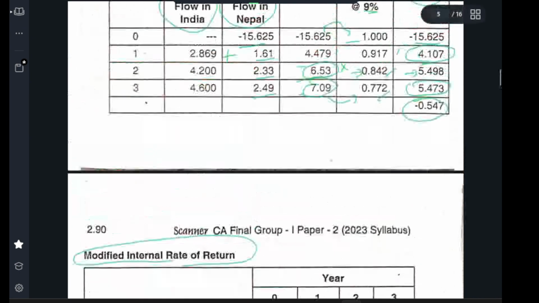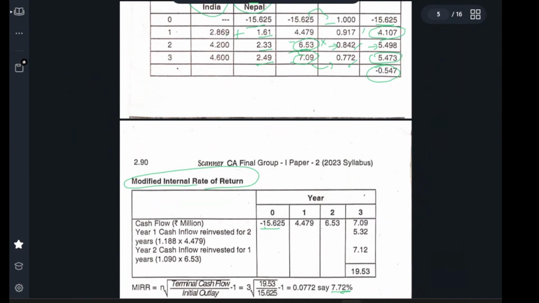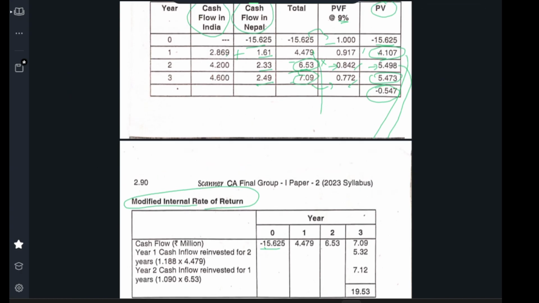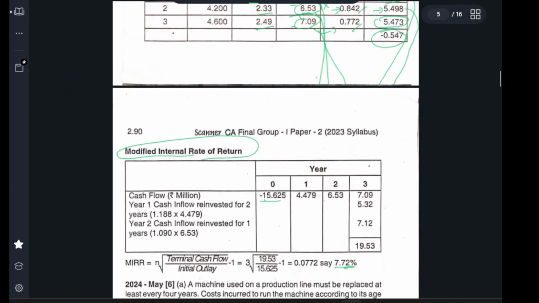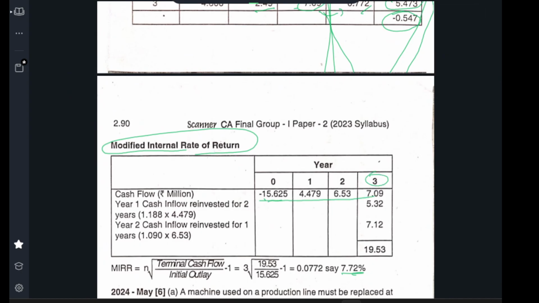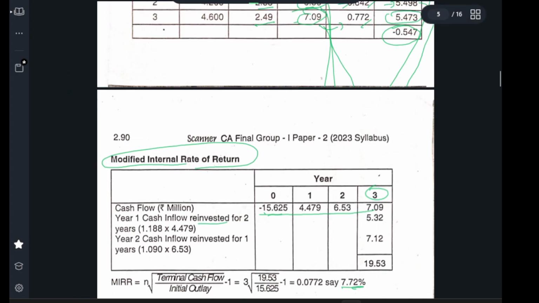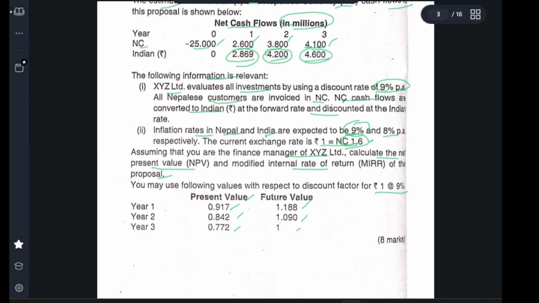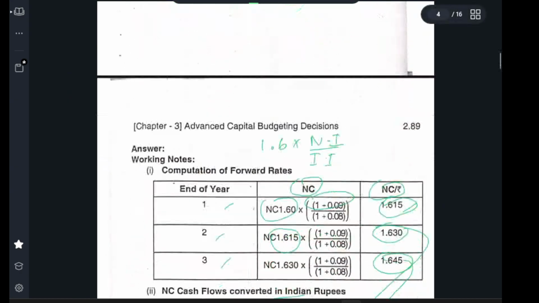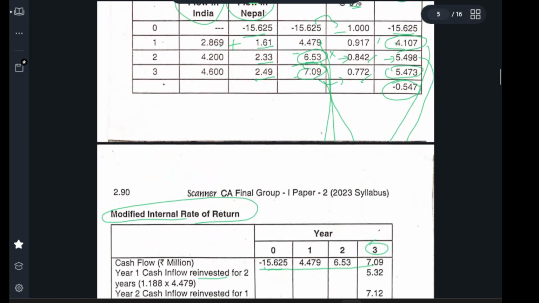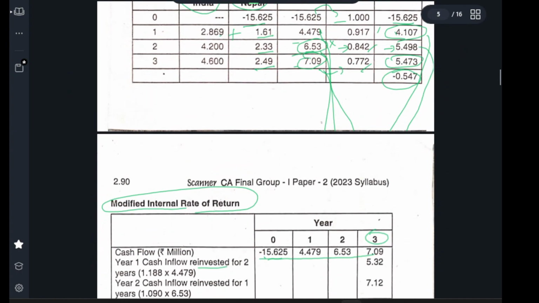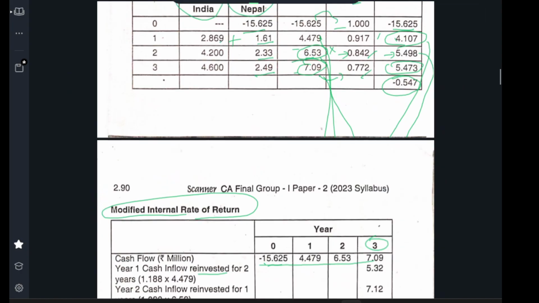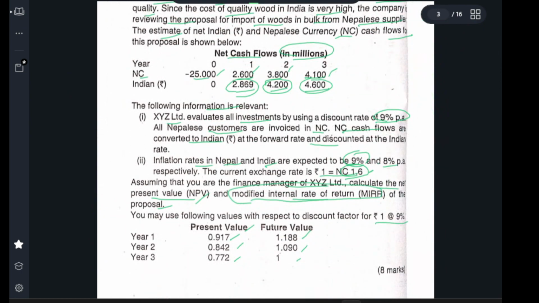Cash flows in millions: 15.62 outflow, then 4.79, 6.53 and 7.9. The outflow is the capital at year 0. We also need to find the modified internal rate of return, so having found the present value, we now need the future value.